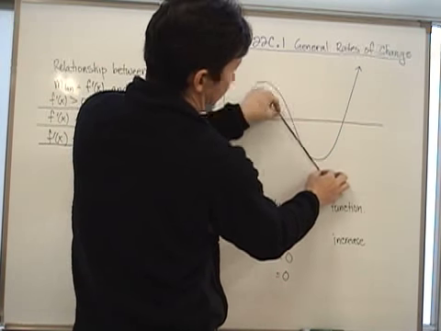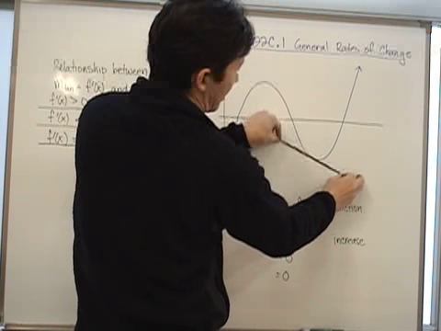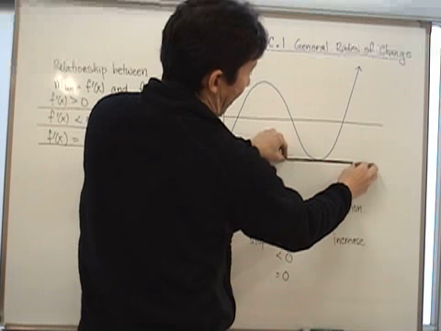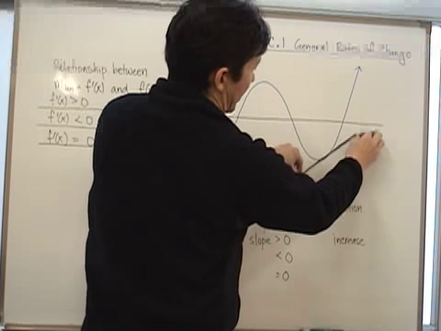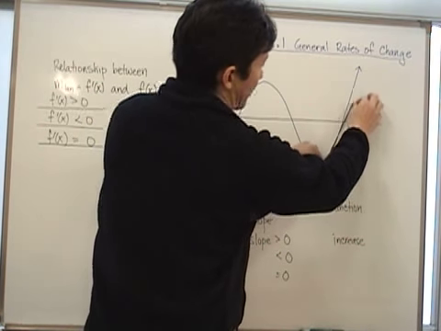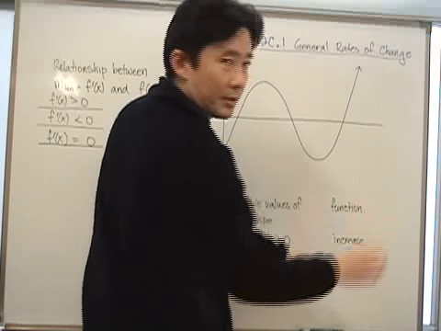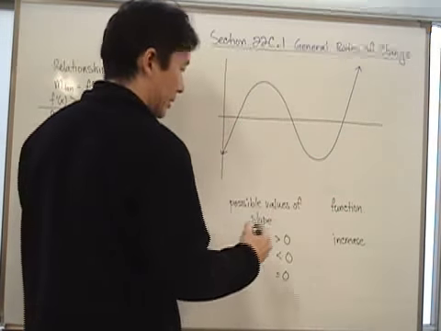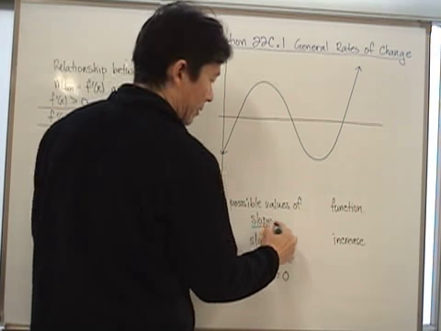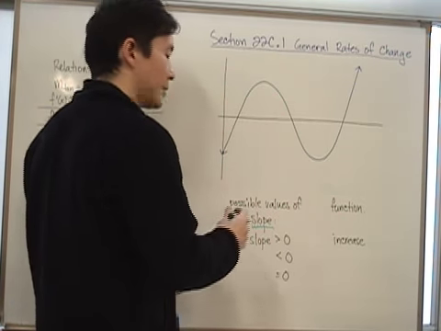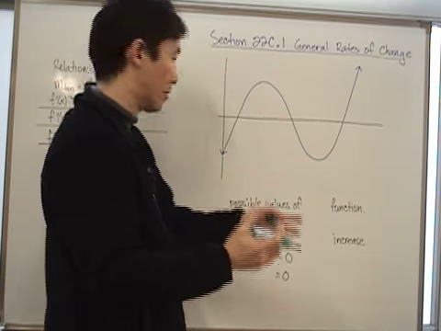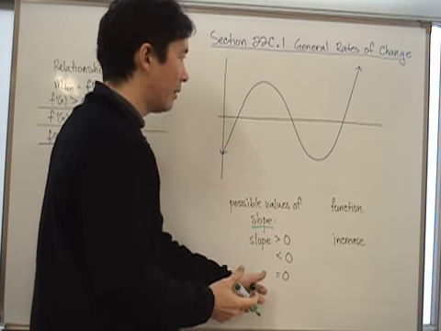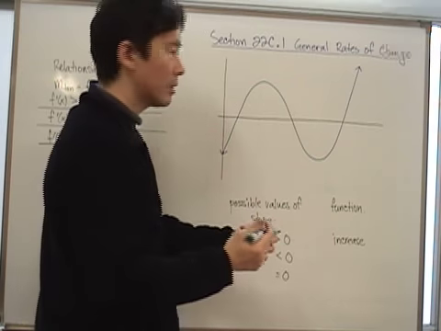And then we get back down here, and again the slope is going to be 0. After that, the slopes start to be positive again, and it continues that way. So if I take a look at the slope, and I'm going to do this in green, if I put plus or minus or 0 to mean positive slope, negative slope, or 0, this is what it would look like.